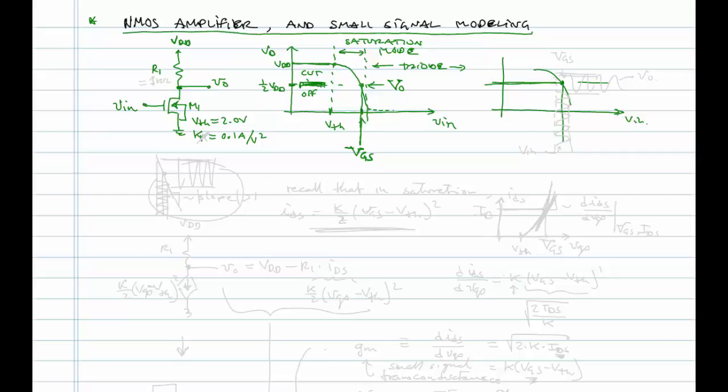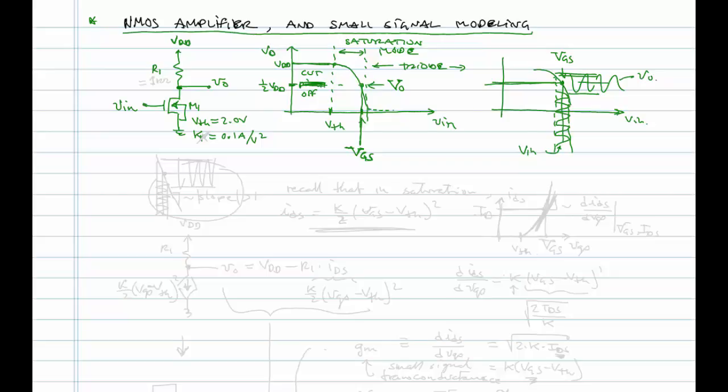If we have an input that varies around some operating point, capital VGS, then the output would vary in a manner similar, but it would be scaled by the slope of that curve. So this right here is Vin, and this would be V out.